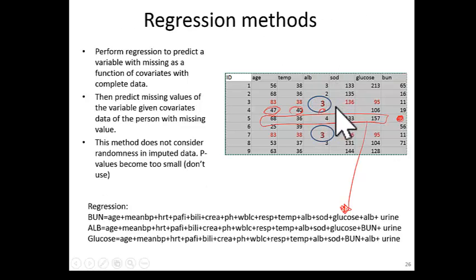So again, similar to mean imputation, this method does not consider randomness, therefore the p-value tends to be too small. So therefore, don't use. This method is better than mean imputation because the amount of bias is less, although the p-value becomes too small. So don't use.